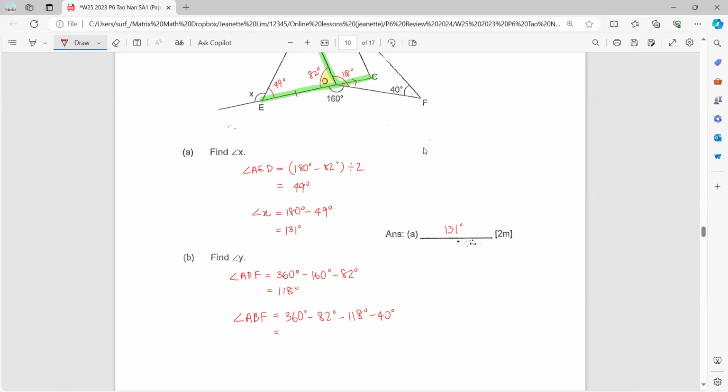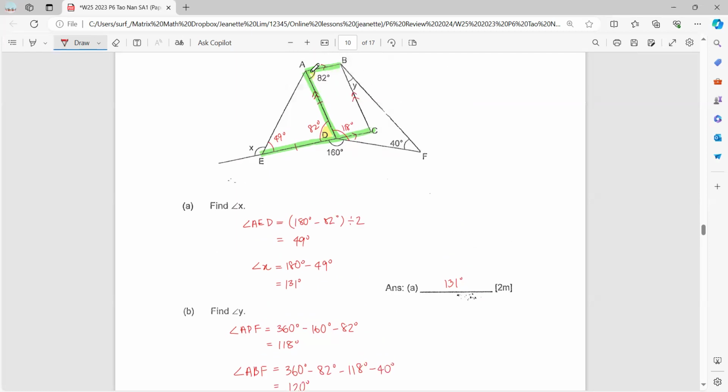This will give us 120 degrees. ABF is 120. Then I need to minus off this one here before I find Y. Minus off ABC.